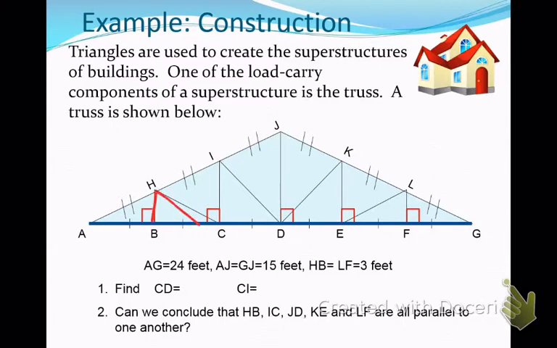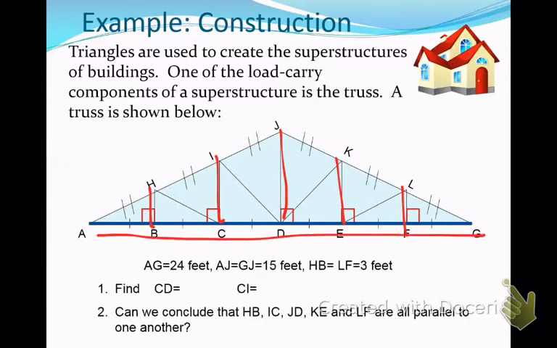And they have these support beams all through them to help give them strength and form. Now, what we know about these trusses is that each of these segments here are perpendicular to this long wooden piece here, AG.